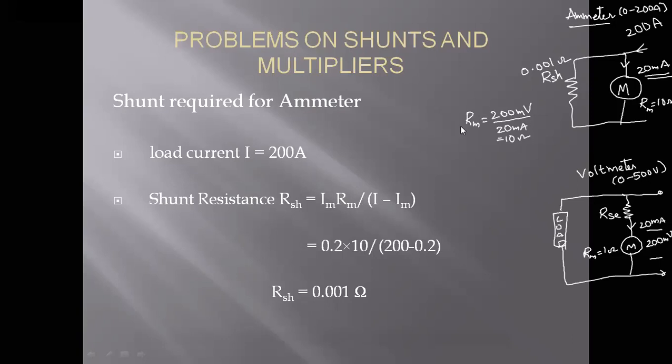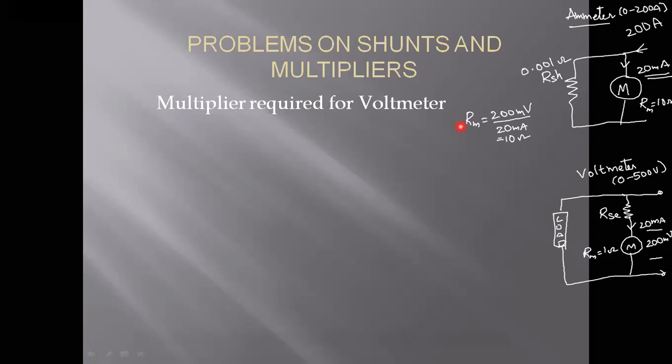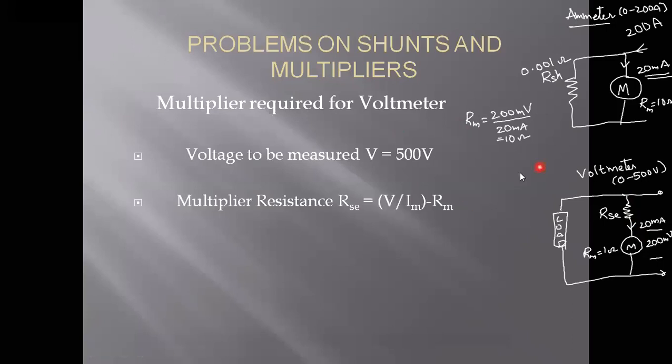Let us go further. When it is used as a voltmeter, we require a multiplier. This is our meter. We connect it to a multiplier. Given data, the voltage should be measured in the 0 to 500 range. We have to find out the multiplier. Formula is V by Im minus Rm. V is the total voltage it has to measure, which is 500, by meter current 0.02, minus meter resistance 10.